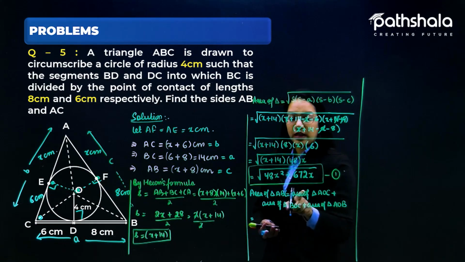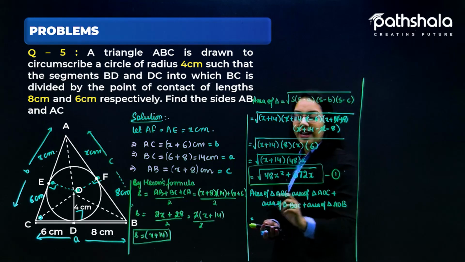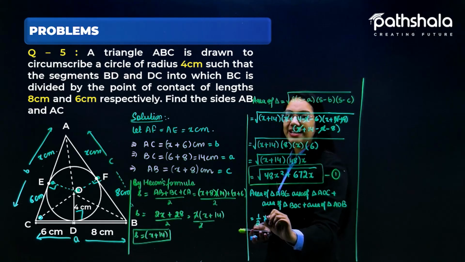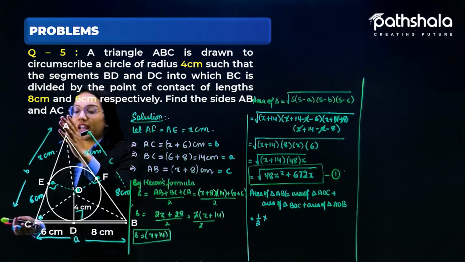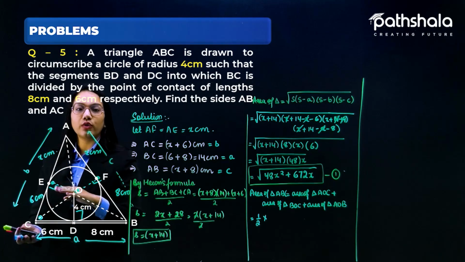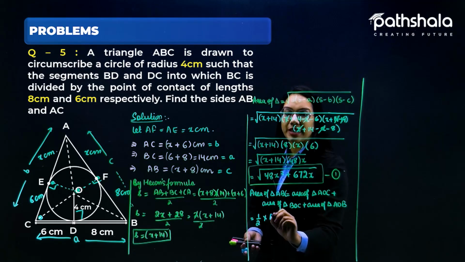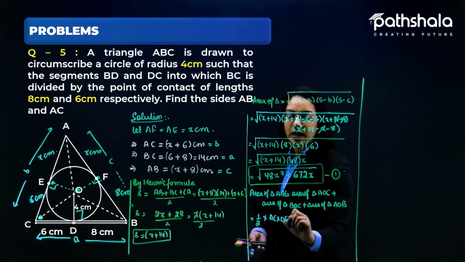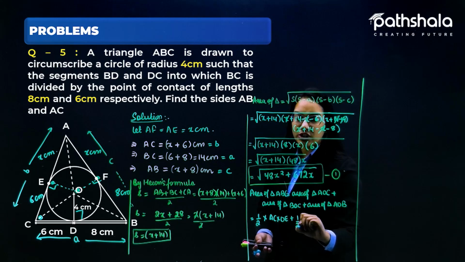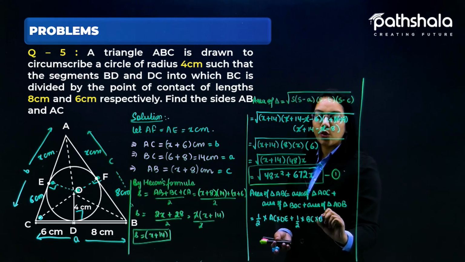So let's start with the area of the triangle AOC. In AOC, we can write it as half into base into height. The base over here is AC, and the height is OE. In a similar manner, we can talk about BOC. This would be half into base, base is BC, and height is OD.